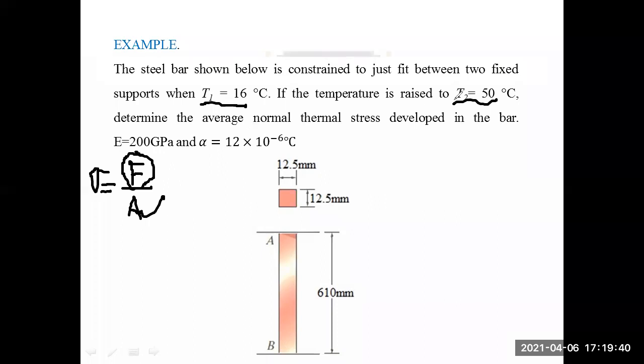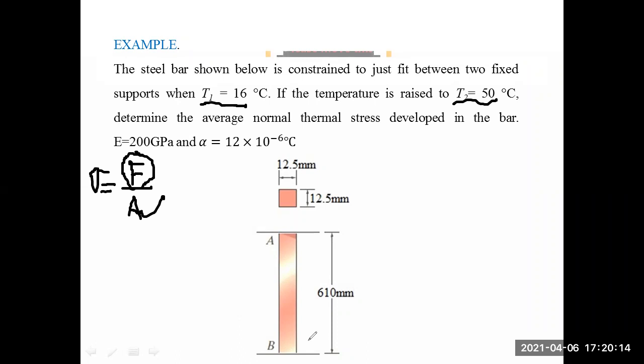If there was no change in temperature, and the question was asking us to determine the normal stress in the bar, how much would it be? Temperature T1 is 16, and the element is constrained at both ends, at A and B. The question is asking us to determine the normal stress.